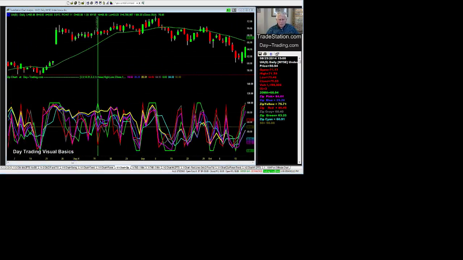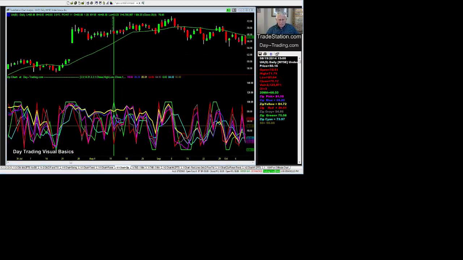The final example I want to show you is right over here, and this example is zip green at 100, but actually the zip pink is going down, and you can call this an exception. I do not call it an exception, even though next day we have a green candle.